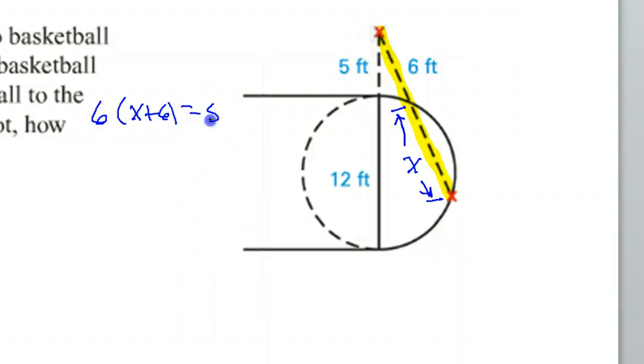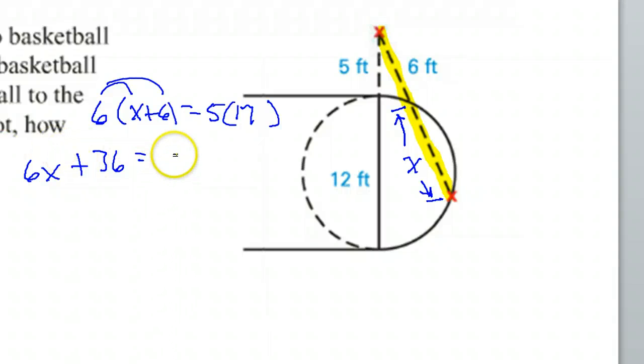Now the part is 5, and the whole is 17, 12 plus 5. So a little distributive property here gives us 6x plus 36 equals 5 times 17, 85.